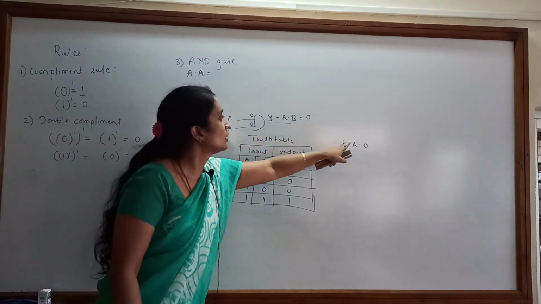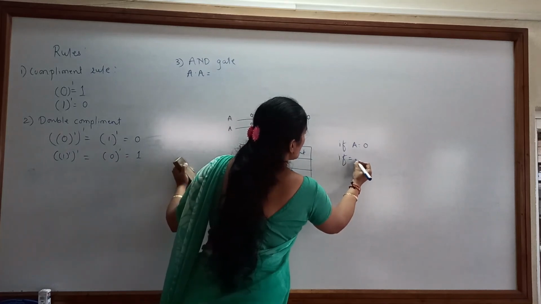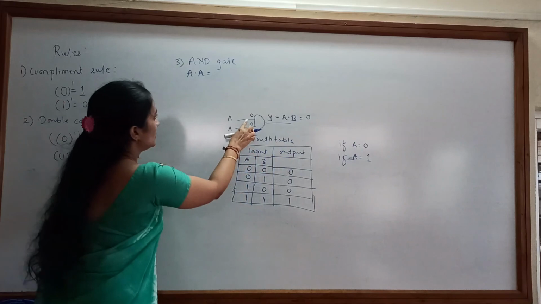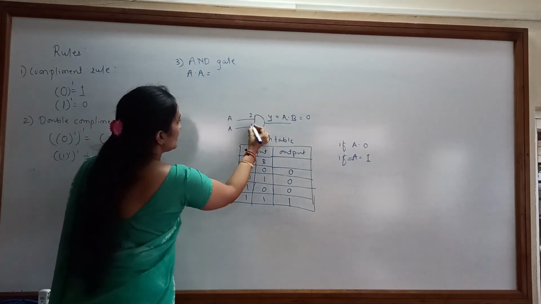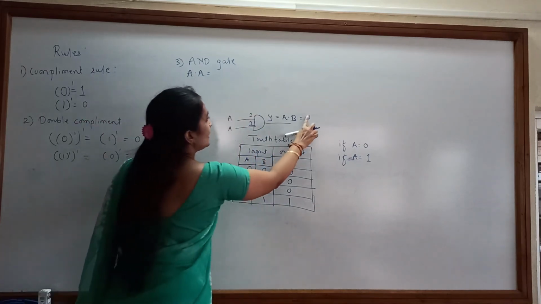Now what is this 0? Again value of A. If A is equal to 1, I will write here A is equal to 1. Here again A is equal to 1. 1 and 1. Answer is 1.